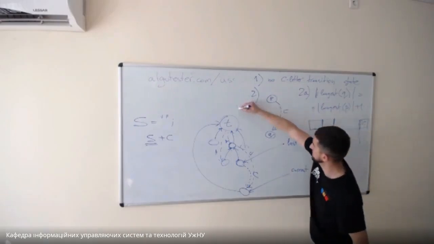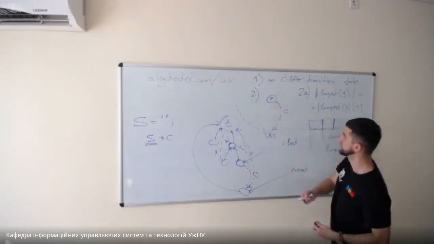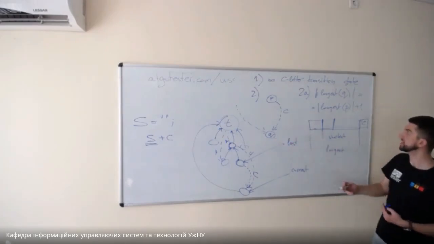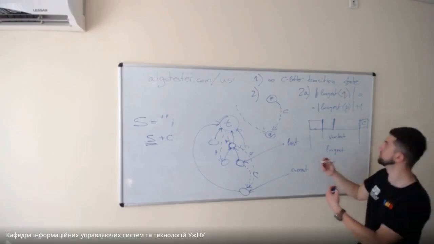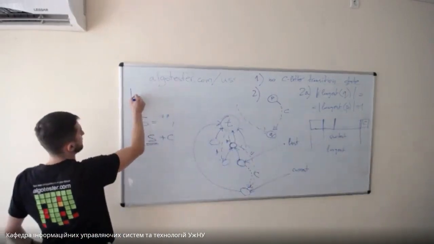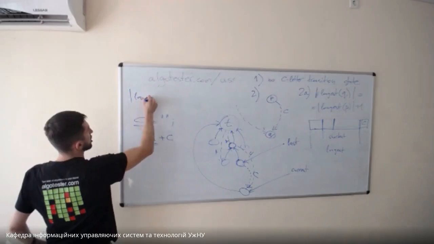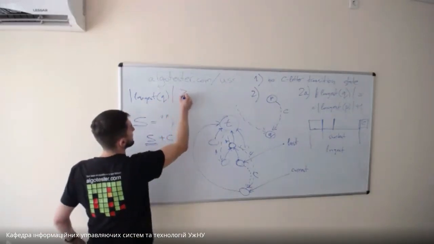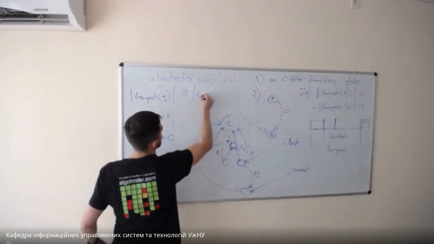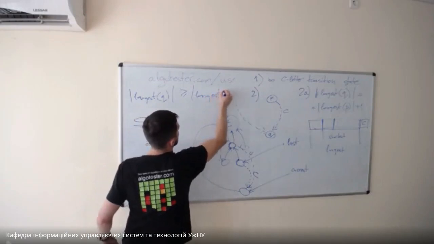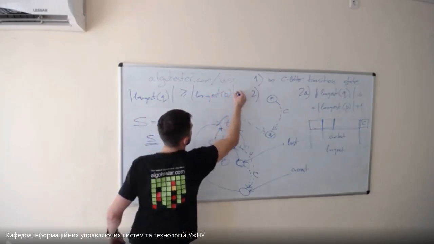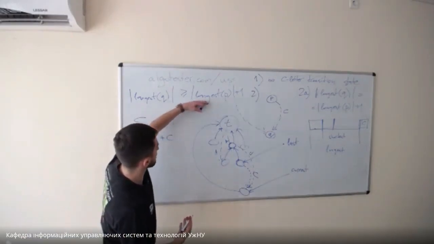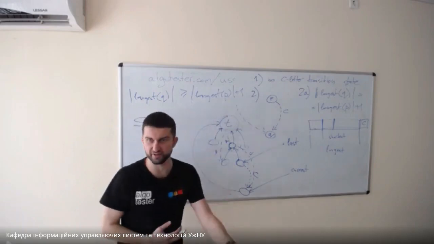There can be some other incoming transitions to state Q. Which means that the size of the longest string in state Q is greater than or equal to the size of the longest string in state P plus 1.